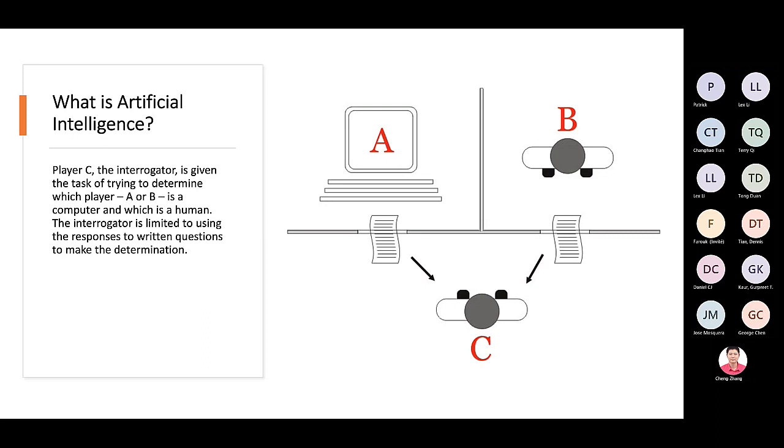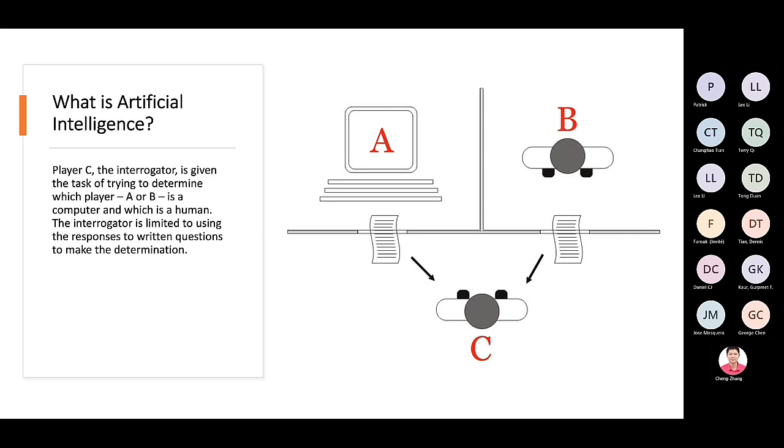And this kind of questioning can be in multiple rounds. After several rounds, we let player C try to distinguish the two that it is questioning, whether this one is human or the other.